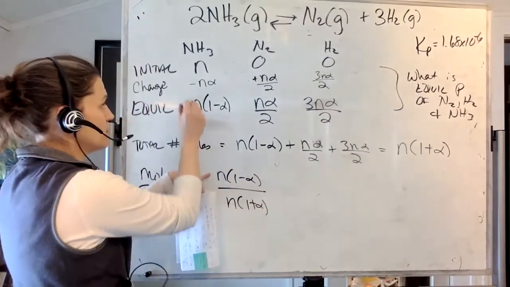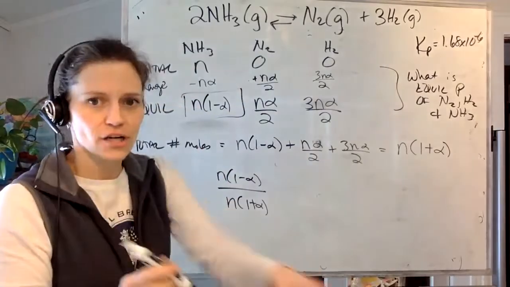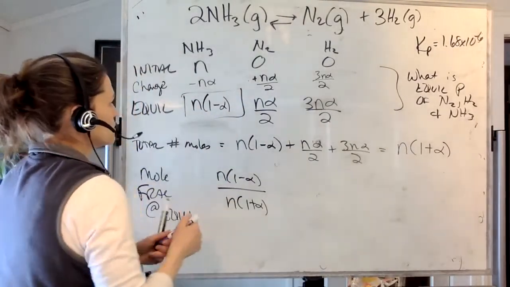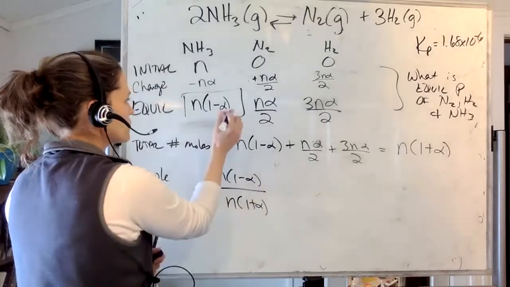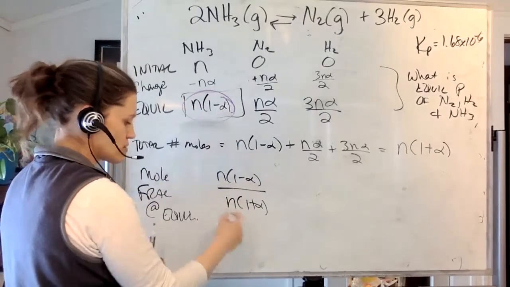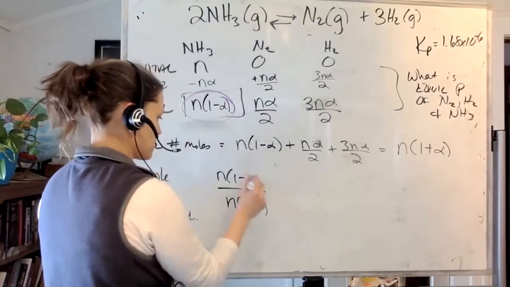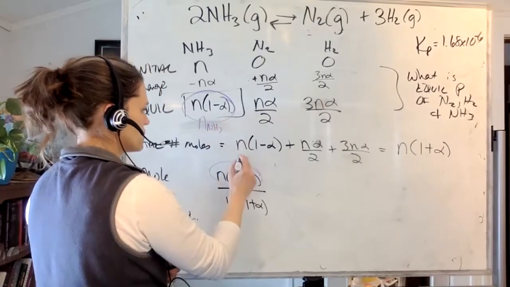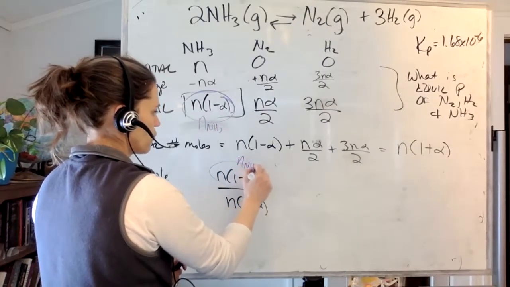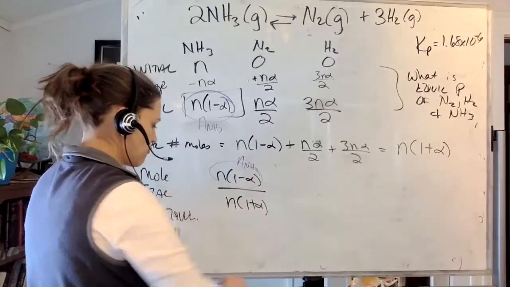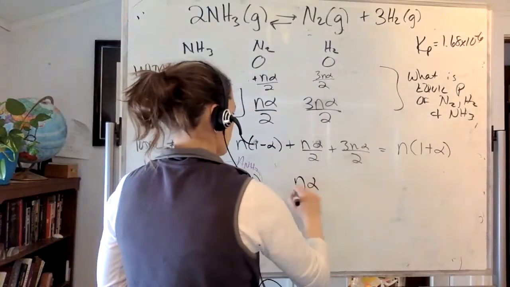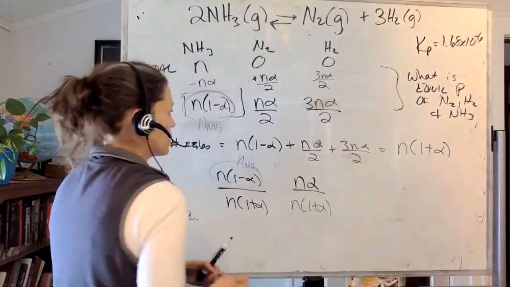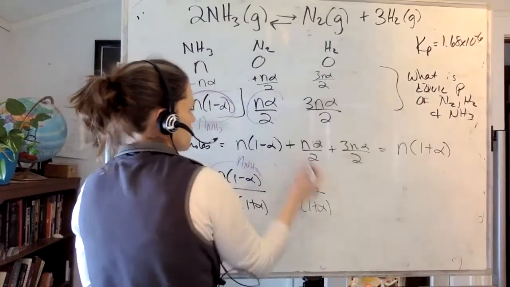So, actually I'll color code this. So you've got the number of moles at equilibrium divided by the total. So there's number of moles of NH3. Then you've got N alpha divided by N(1 plus alpha), and this would be that one.